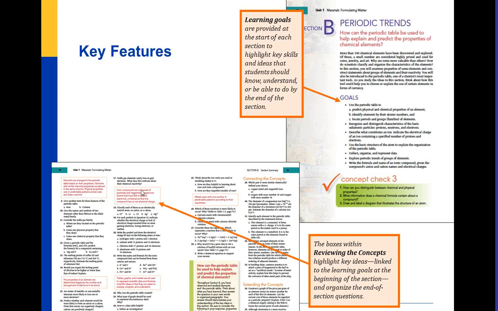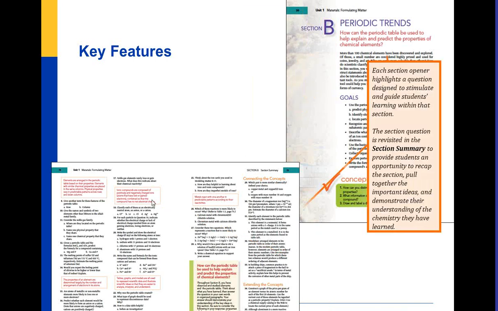the section questions, the section summary. We also have, as I pointed out, here is the section question, like how can the periodic table be used to help explain and predict the properties of chemical elements, and that's what the students are working for.